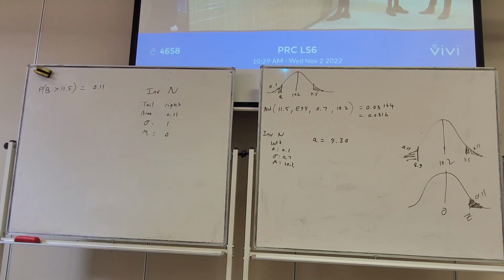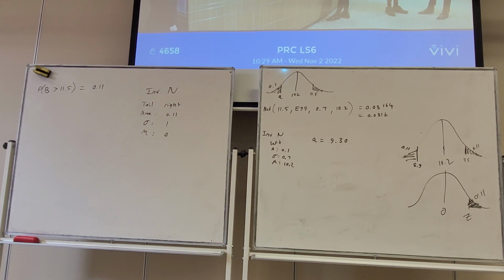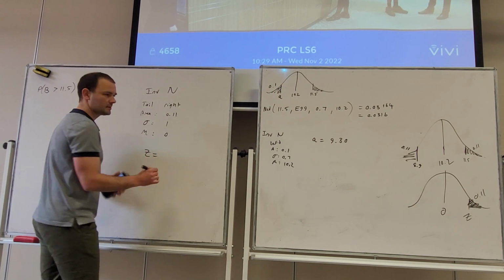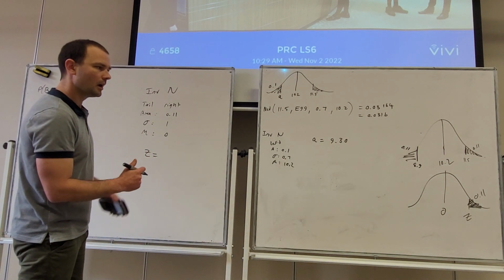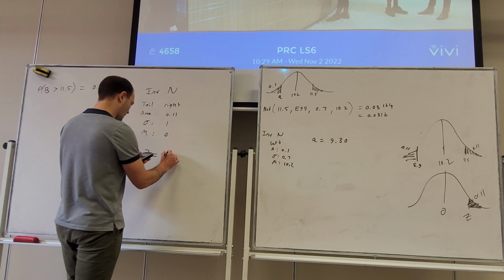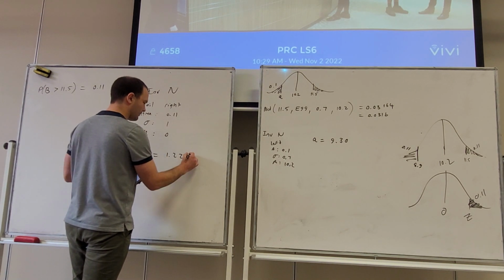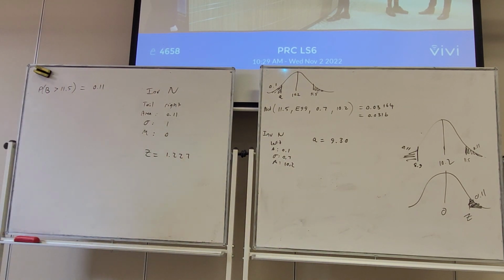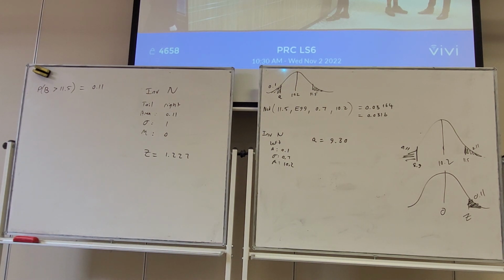That's going to give us the z-score that corresponds with 11.5 on the B distribution. Alright, we have a z-score. The z-score is 1.2265, 1.227. We'll leave it to 4 figures for now because that's not our final answer.